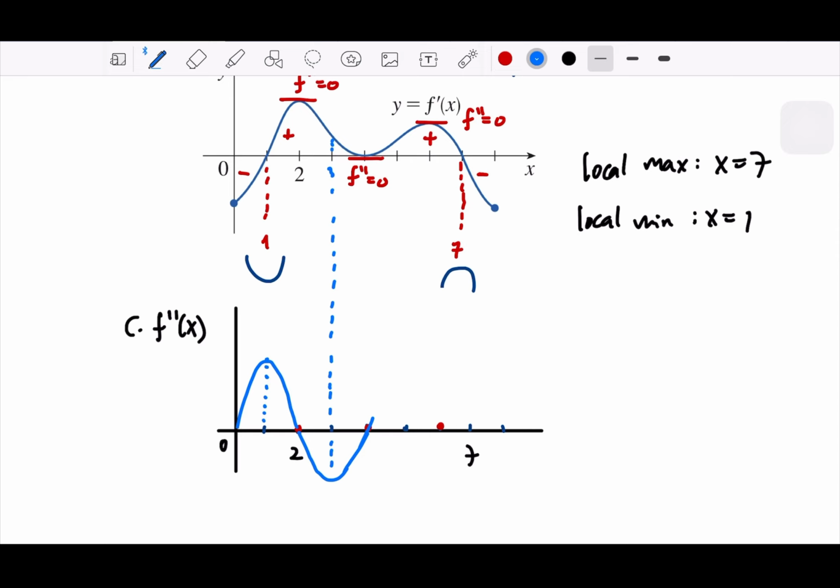And then we also have 5, which is also changing from upwards to downwards from here. Okay.